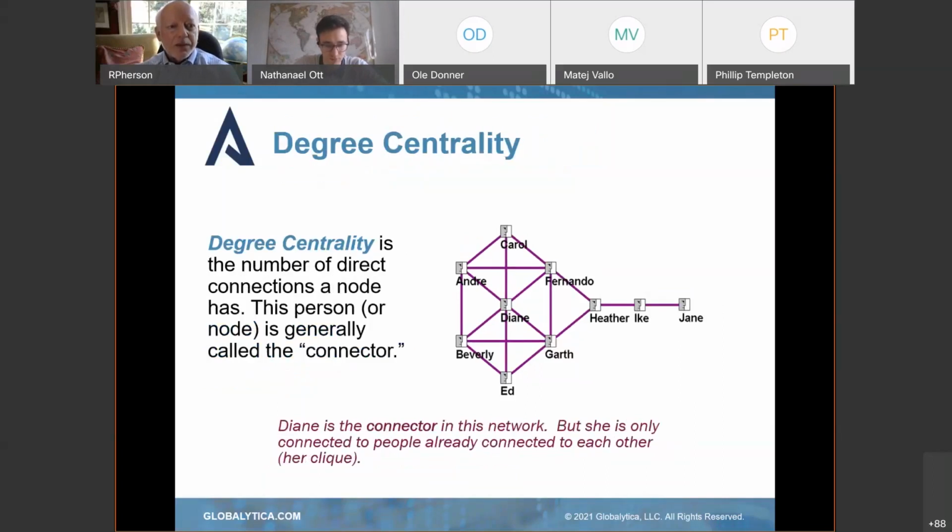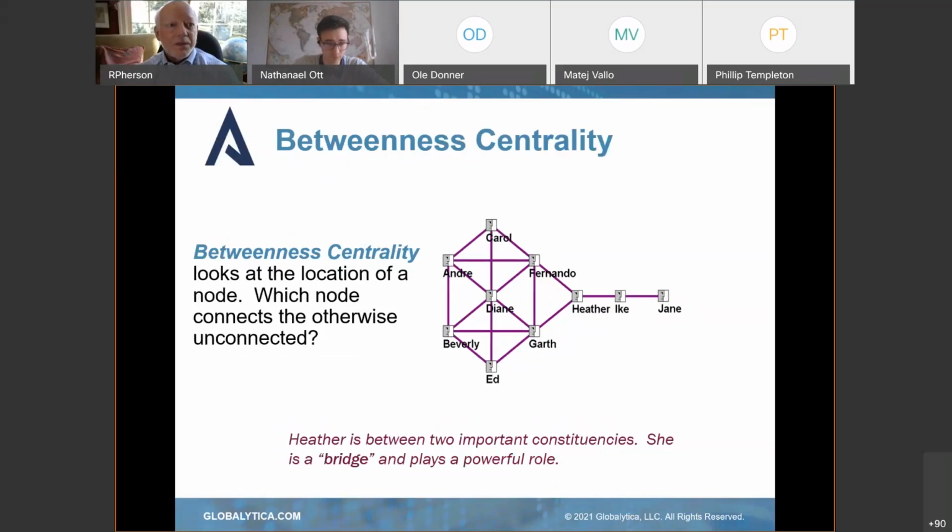So in degree centrality, you've got Diane as the connector in the network. She's connected to almost everybody except the people here on the far right. So you know that that's someone you really want to pay attention to. In betweenness centrality, here we're looking at Heather. She's like a gateway.